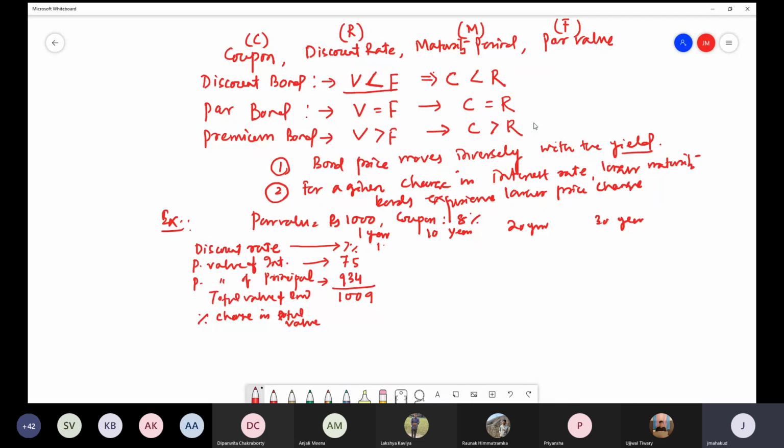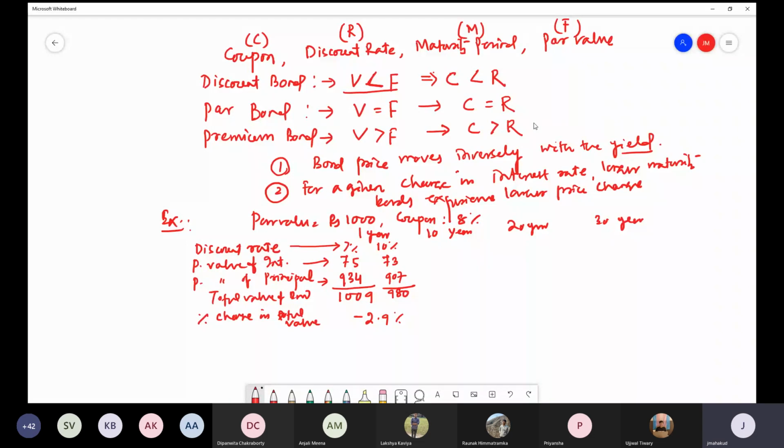But the interest rate has increased to 10%. The discount rate has increased to 10%. Then the present values will reduce, it will become 73, it will become 907, then the total will become 980. So the percentage change, if you compare between these two, is minus 2.9%.